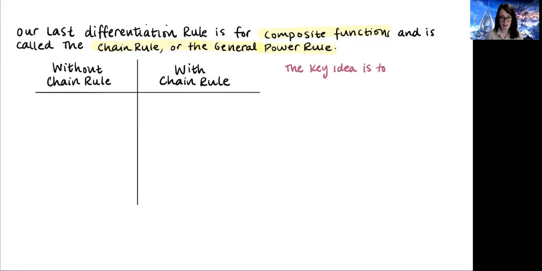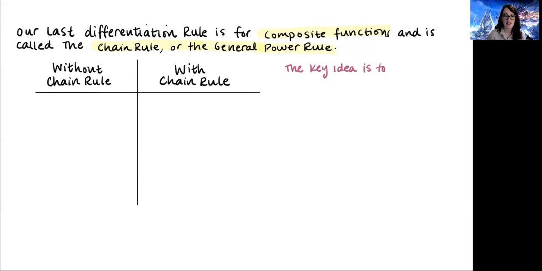X is the base, that's it. With the general power rule, we're going to be able to find the derivative of things that are raised to a power that are more than x. Like maybe x squared plus 1, or 3x minus 4, something like that raised to a power.